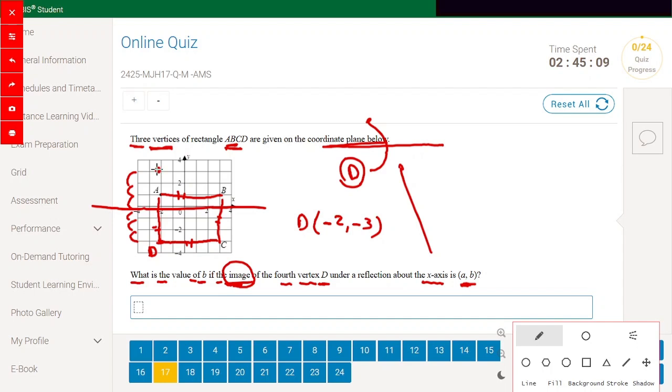So the image of D under the reflection about the x-axis will be (-2, 3). So a is -2 and b will be 3. So here the value of b will be 3.